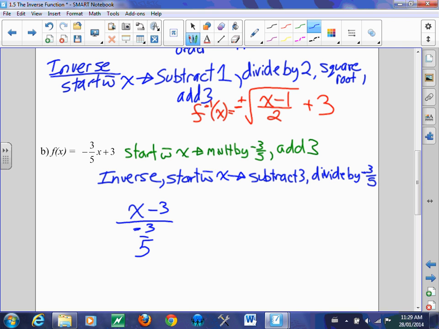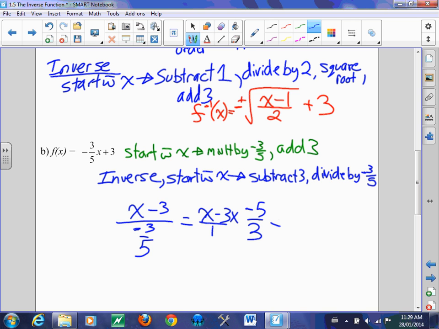We got to do something here because it's a fraction divided by a fraction. So it's going to be x minus 3 times, flip that fraction. And it's really over 1 if you're worried about that. So what do we end up with here, ladies and gentlemen?